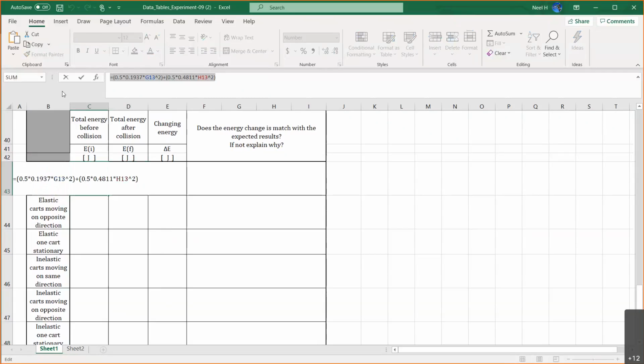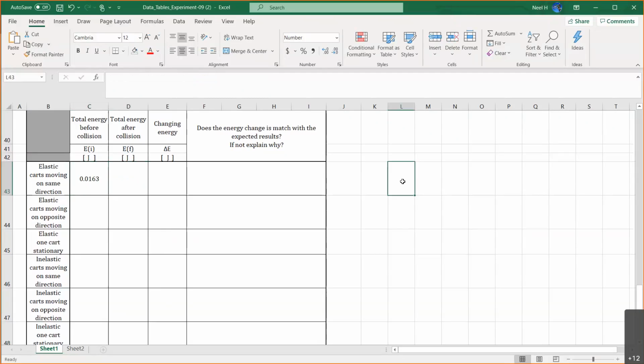Right. So let's copy paste this one. This is the energy initial before collision, equal half times mass m1 times v1I power 2, plus half times mass m2 times v2I power 2.